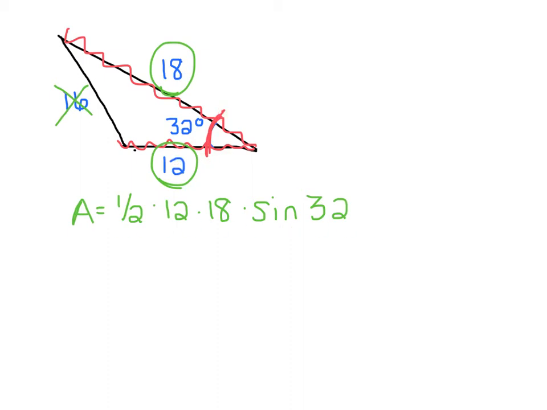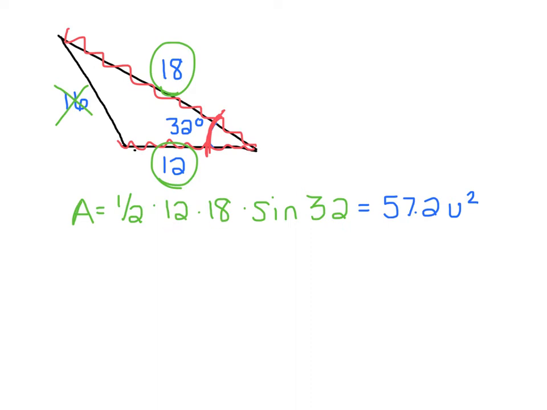This can go straight into your calculator, and we end up with 57.2. Remember, that's an area, so that's 57.2 square units. So you're just doing 1/2 times the two sides that sandwich the angle, times the sine of the angle that's squished in between these two sides.